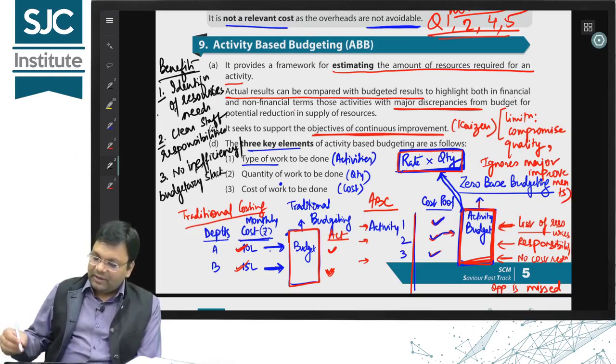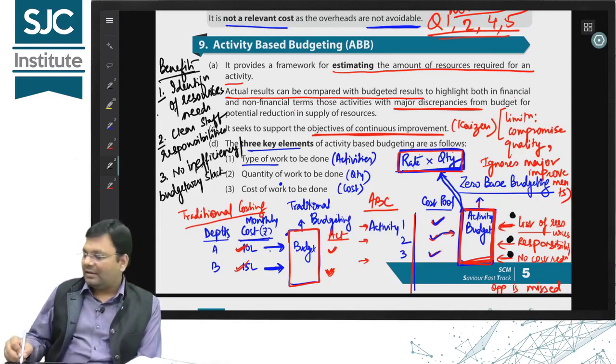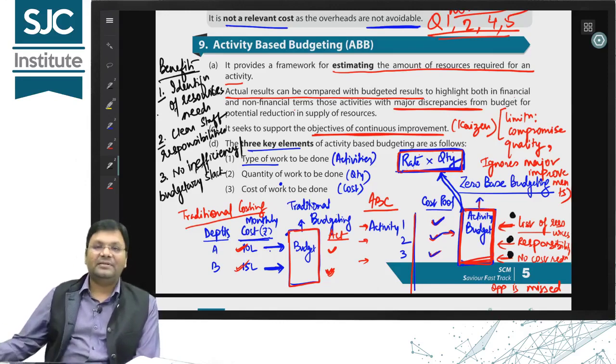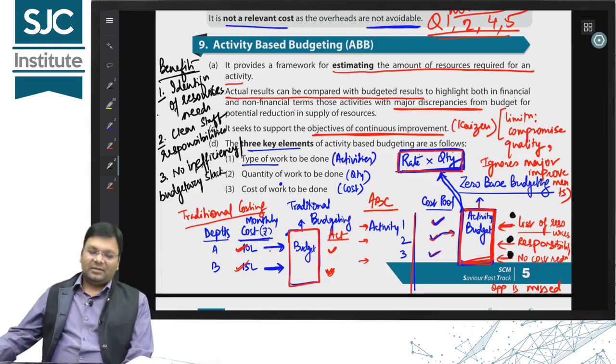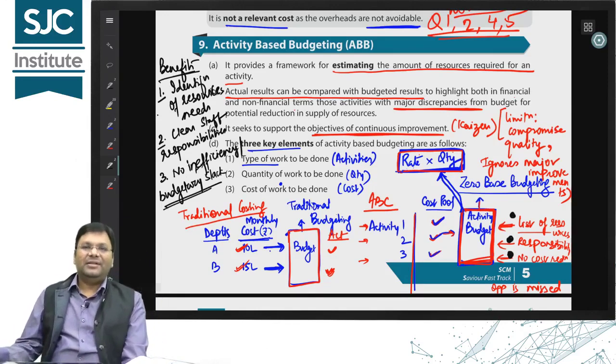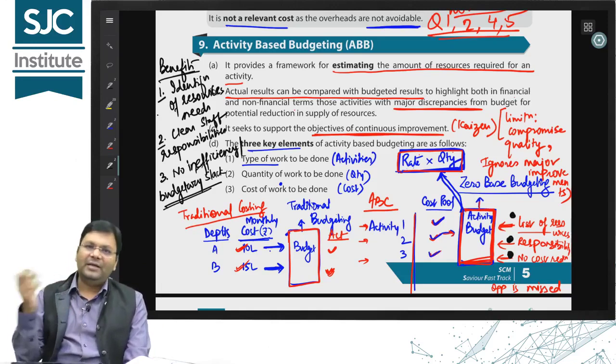See, these three points only I was talking about over here: list of resources, responsibilities, and no cost reduction opportunities missed. So that only I am saying again in the name of no inefficiency or budgetary slack. Now there is a term specifically used in a budgeting system, which is budgetary slack. What is it? I'll just clarify. We will do it again in the budgetary chapter.